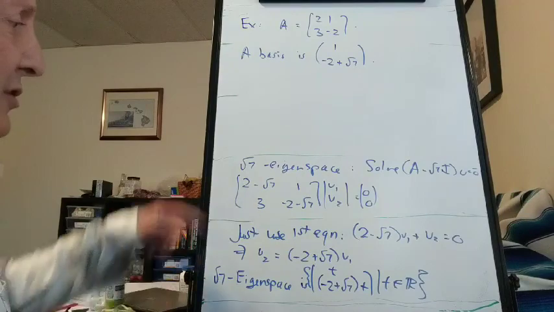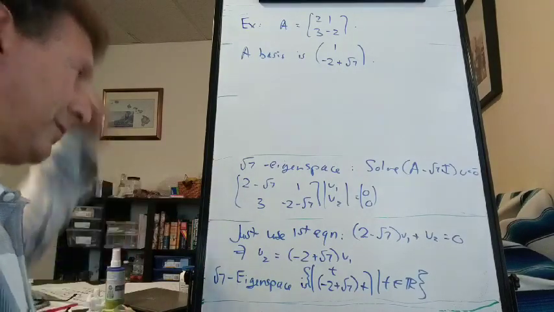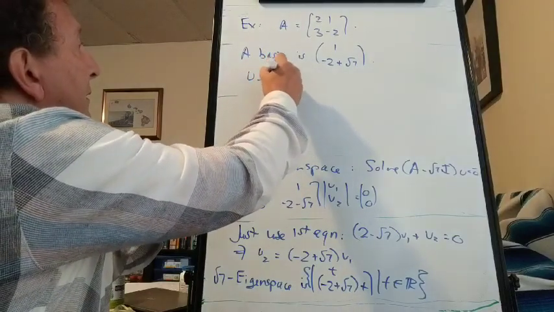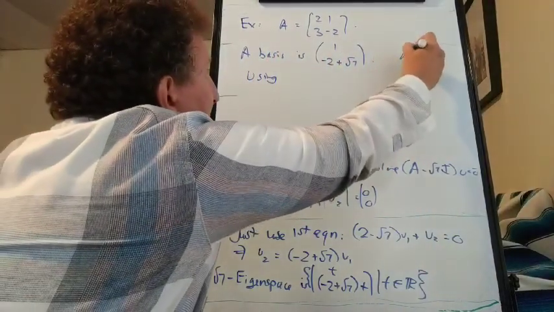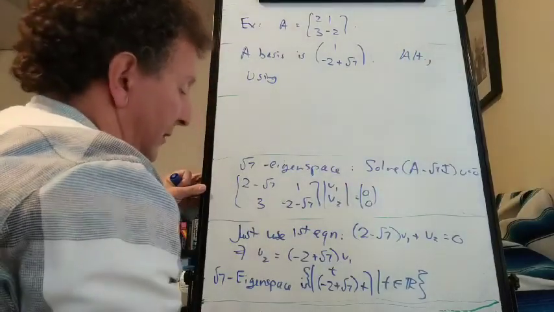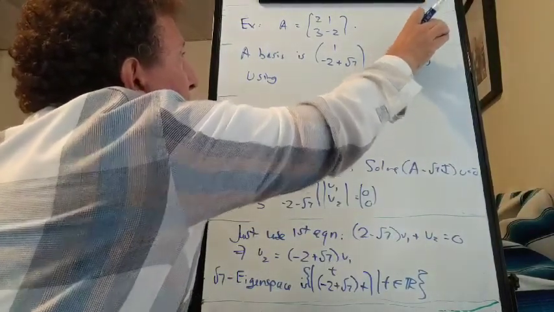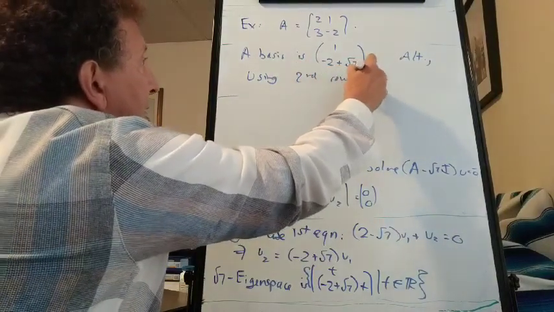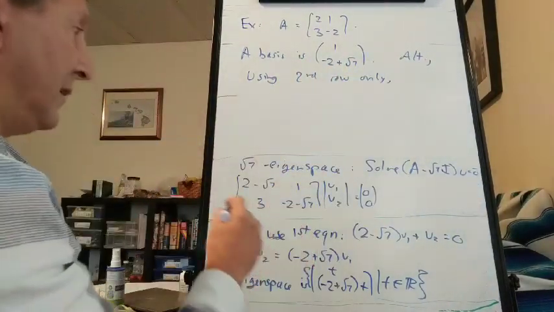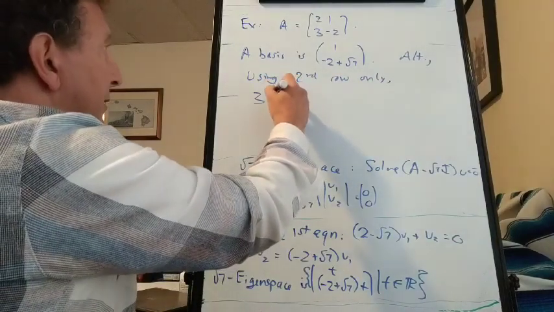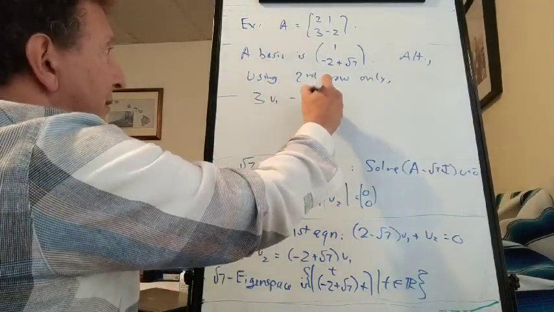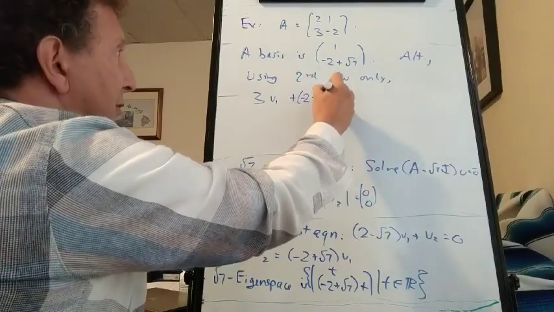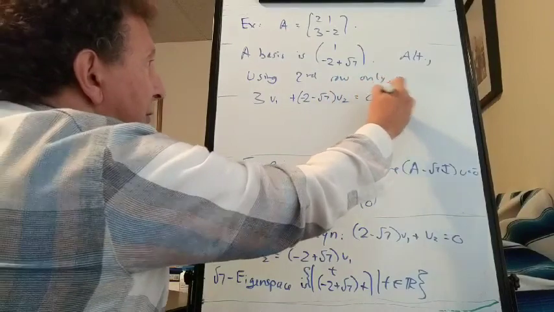All right, so what if we looked at just the second row instead of the first? Because we could forget about either row. So alternatively, let's look at the second row instead of the first. So we have 3 v1 plus negative 2 minus root 7 times v2 equals 0.